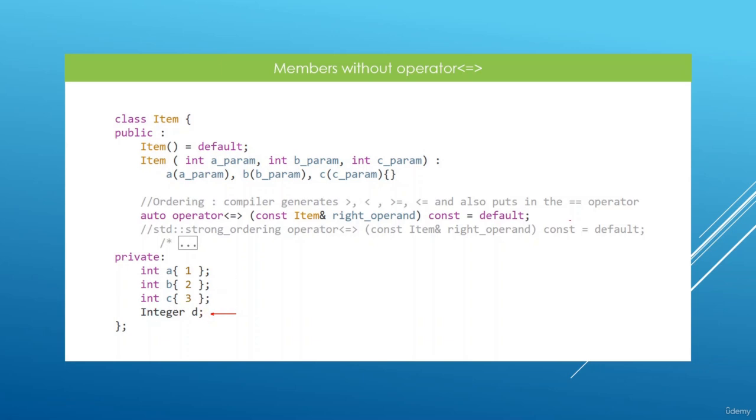So it is going to delete this default three-way comparison operator and throw a compiler error if you even try to use this. But if you happen to have less than and equals implemented for the integer type here, the compiler can still do its best and synthesize a three-way comparison operator that can in turn be used by our item class here. And this is really cool.